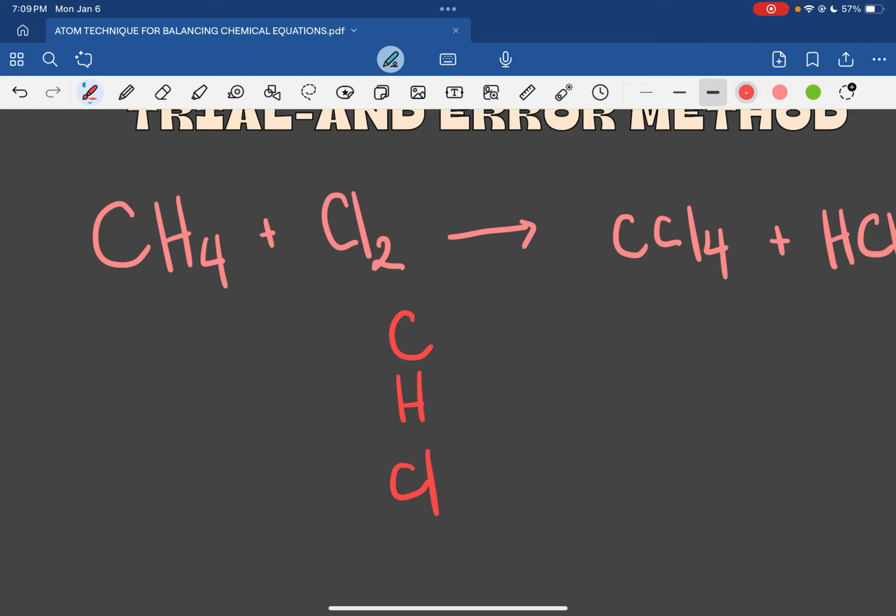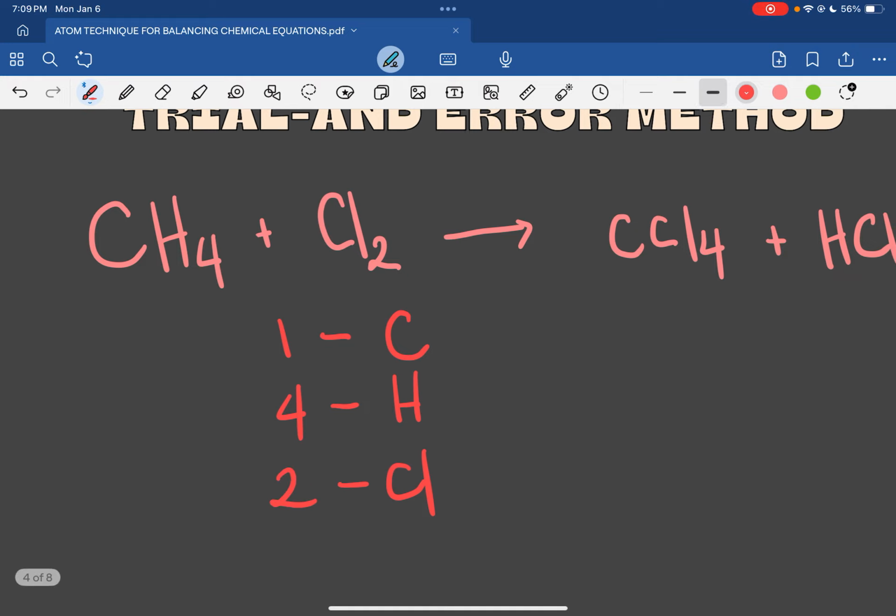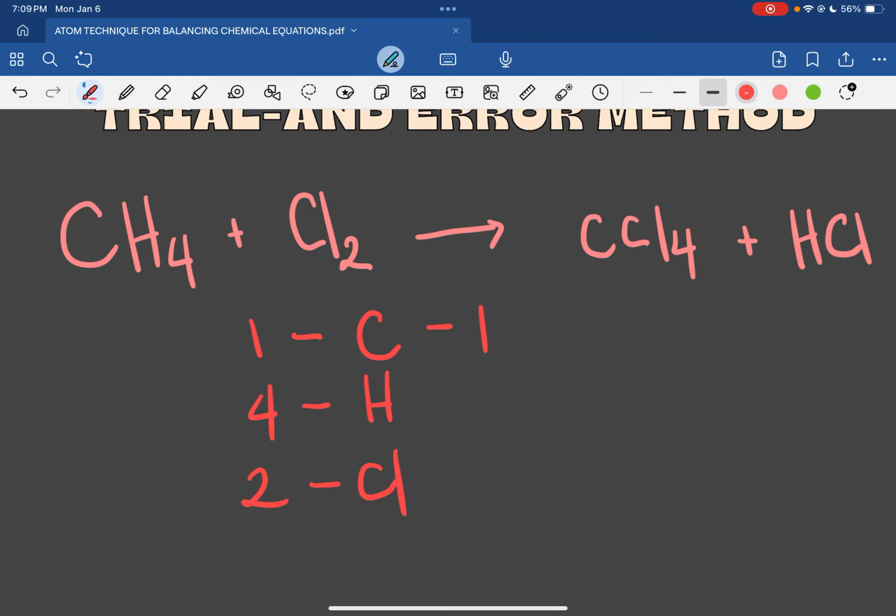For the reactant side, we have one atom of carbon, four atoms of hydrogen, and two atoms of chlorine. But on the product side, we have one atom of carbon, one atom of hydrogen, and technically four atoms of chlorine here and another one on the hydrochloric acid.